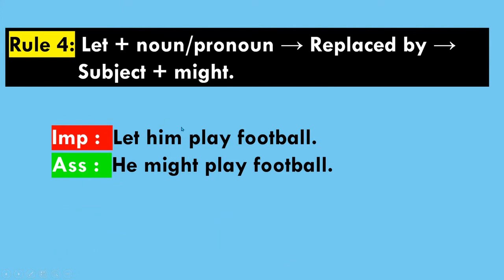So we will convert "him" into "he", as we had converted "us" into "we". As "him" is already given, we are using that. Otherwise, if the subject is not given, as we know, we use "you". So "Let him play football" is imperative, and "He might play football" is assertive. So this is the rule: you have to use "might" after the subject whenever "let" is given in the beginning.